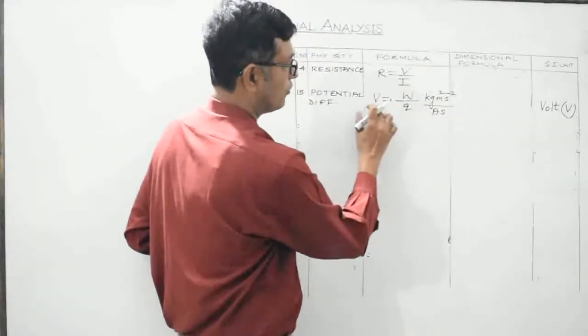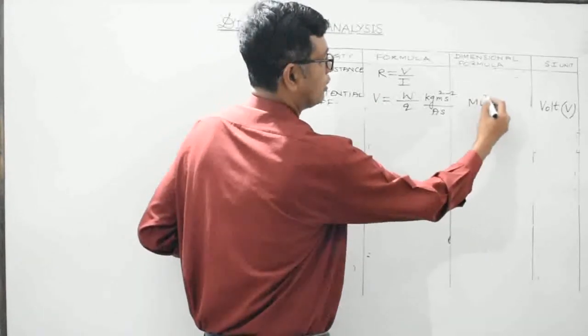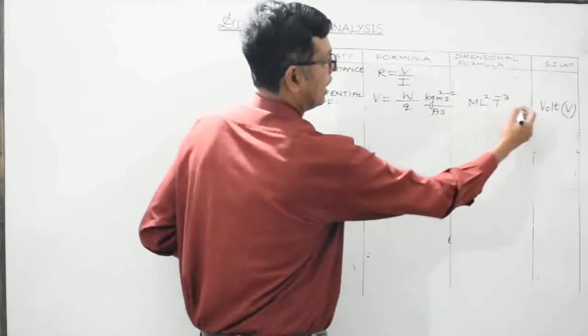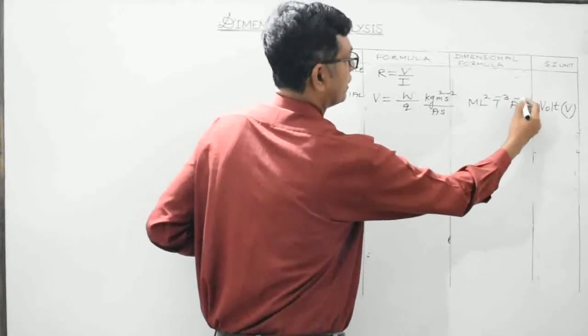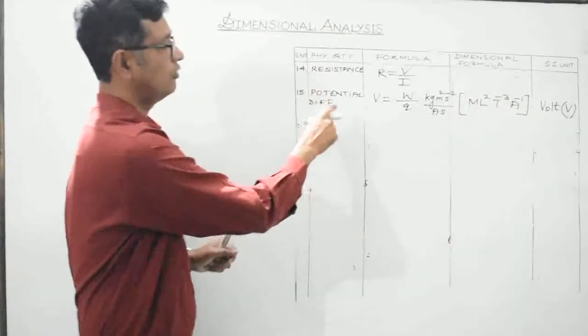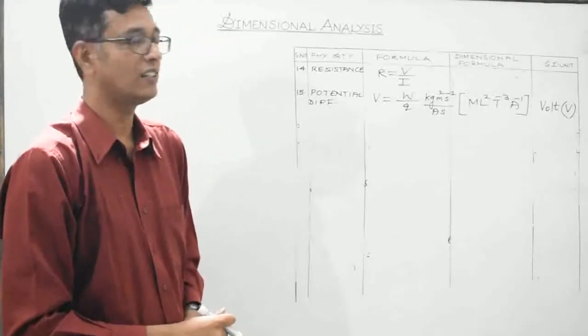So what will be the dimensional formula for potential difference? It will be M L2 T to the power minus 3 and A to the power minus 1. So this is the dimensional formula of potential difference or electric potential, right?